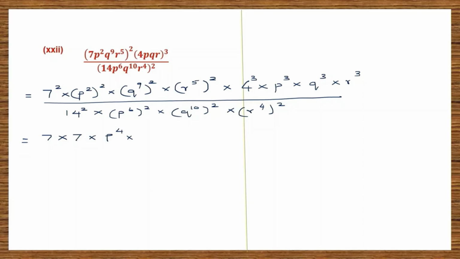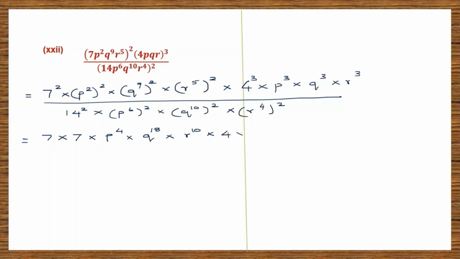Then we go to the next one, that is q. And let's look here. 9 2s are 18. So let's write q raised to the power of 18 into, let's go to the next one, r. Here we have 5 into 2. So r raised to the power of 10. 5 2s are 10. Into, now here also we have 4 3 times. Now let's leave it at that in case we have something to cancel.